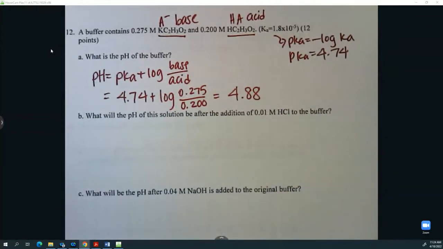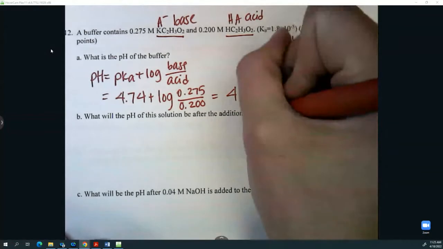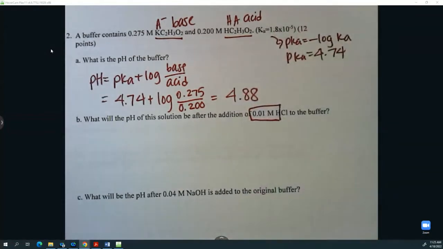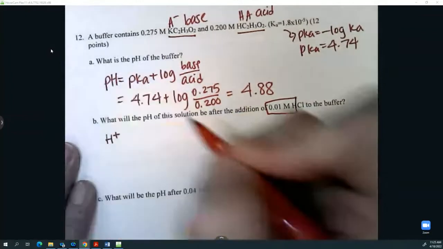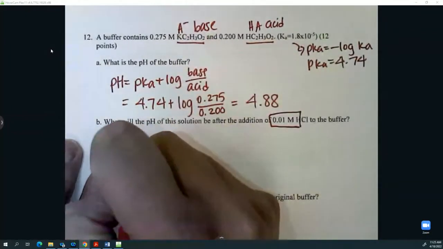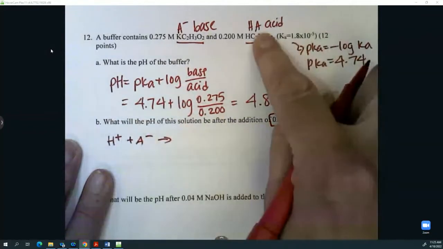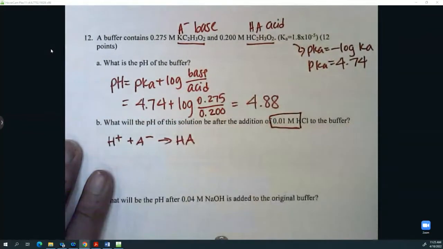All right, when I add 0.01 molar of HCl to the buffer, and this is like what we were doing in that very first problem where I know whatever the concentration of a strong acid is, that's the concentration of the H+. So that's what is going to react here. My H+ will react with my base to make whole acid. H and A together would make the whole acid.